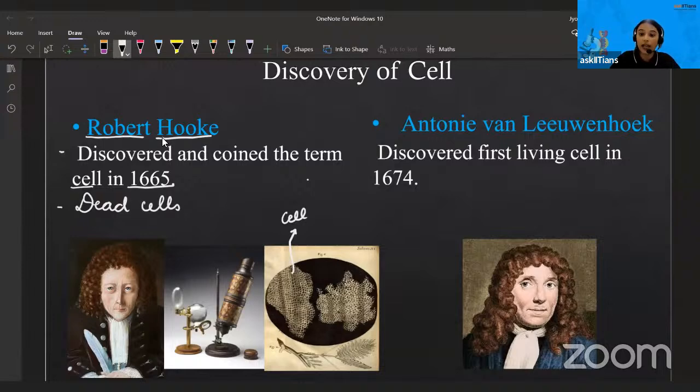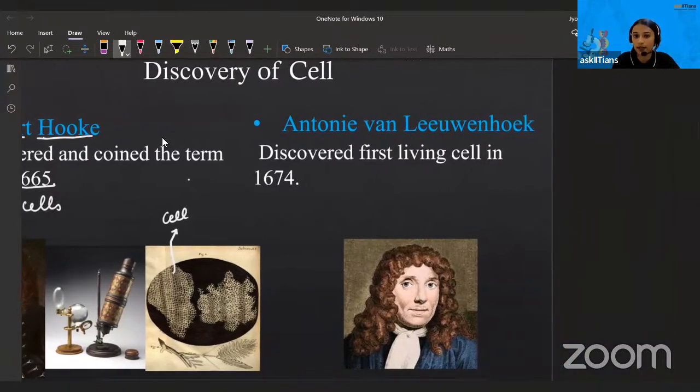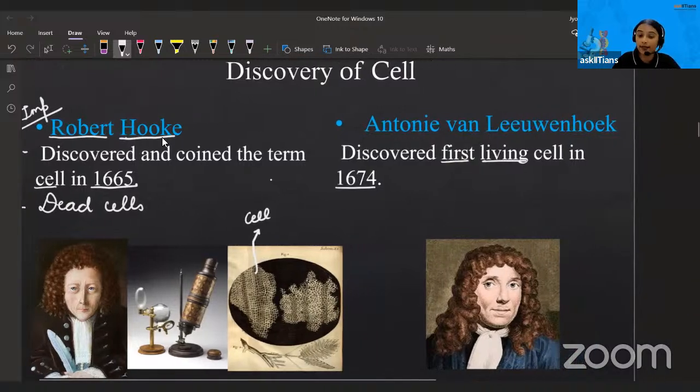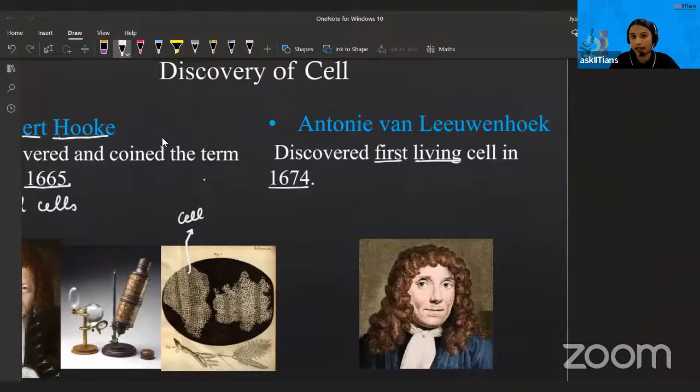Anthony van Leeuwenhoek, another scientist, discovered the first living cell in 1674. Please remember this, it is important. If the examiner asks who discovered the cell, your answer is Robert Hooke. But if the examiner asks who discovered the living cell, your answer is Antony van Leeuwenhoek.